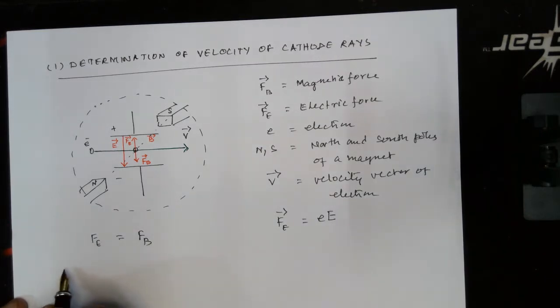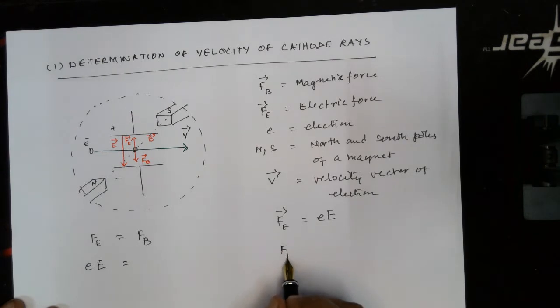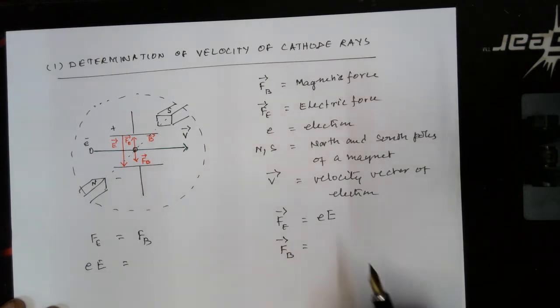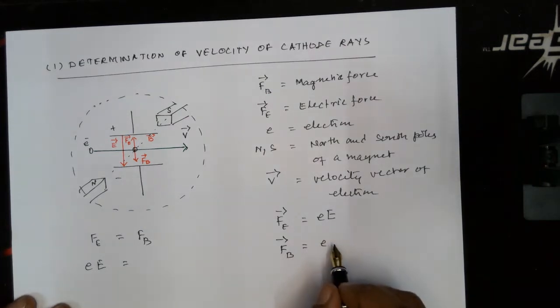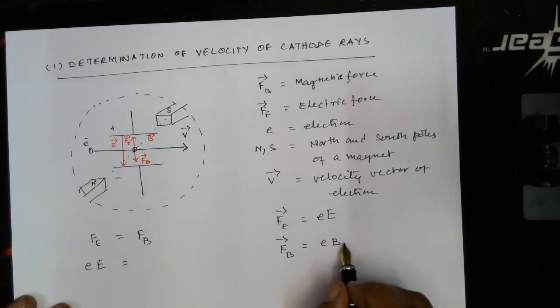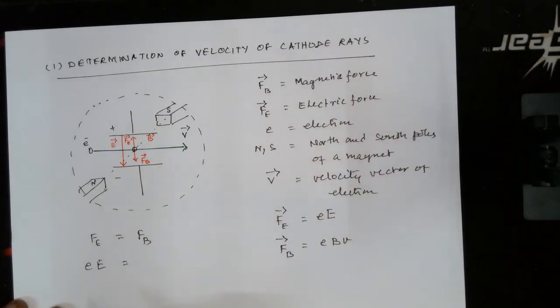Therefore, we can replace this by e and E. And the magnetic force is given by electric charge, magnetic field, and the velocity of electron. So we can equate this with e, B, and v.